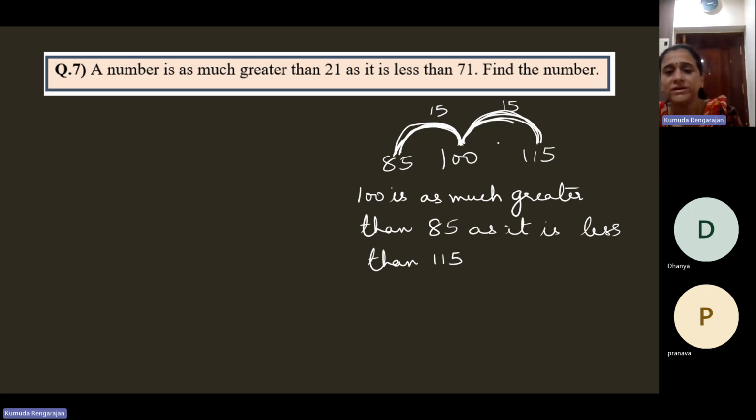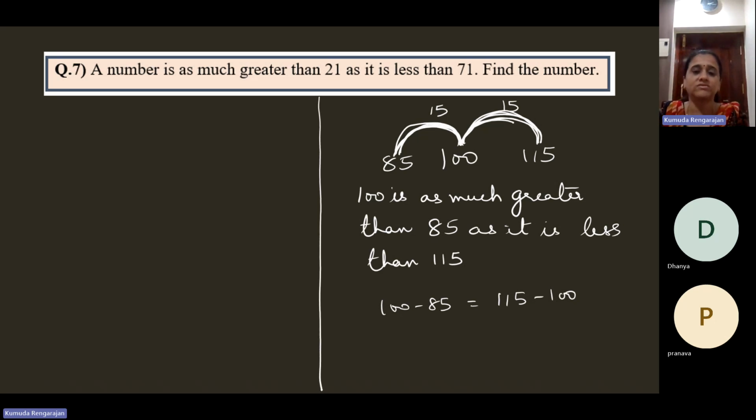So now how do you make an equation using these three numbers? See here, 100 minus 85 is equal to 115 minus 100. So you can just refer to this example always when you revise this question and answer.